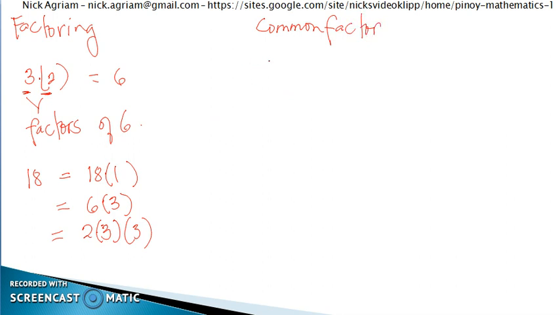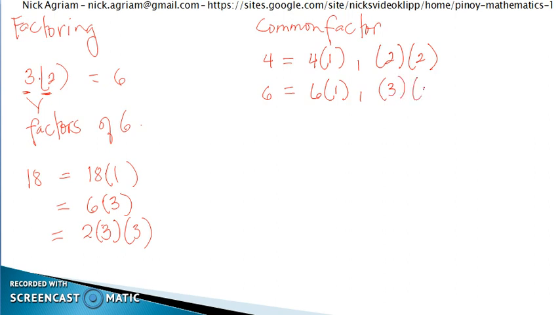Common factor: if I have two numbers, for example 4 and 6, then I will factor 4 as 4 and 1, and then 2 and 2. 6 is 6 and 1, of course, and 3 and 2.